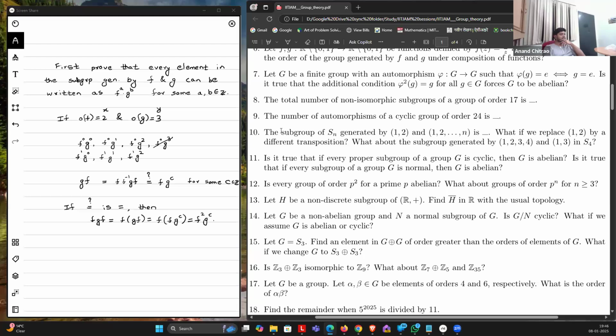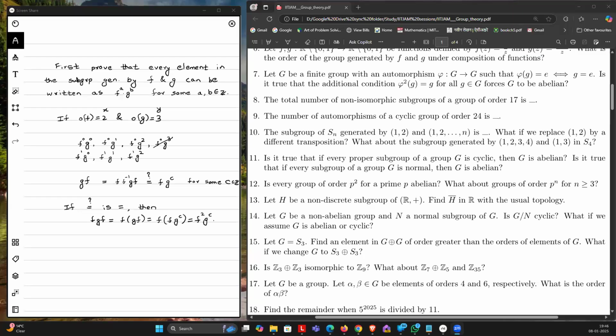The number of automorphisms of a cyclic group of order 24 is? 8, sir. Yeah, what is the reason? Because it's a cyclic group, so it is isomorphic to Z24. And the automorphism group of Z24 is isomorphic to U24. Yes.